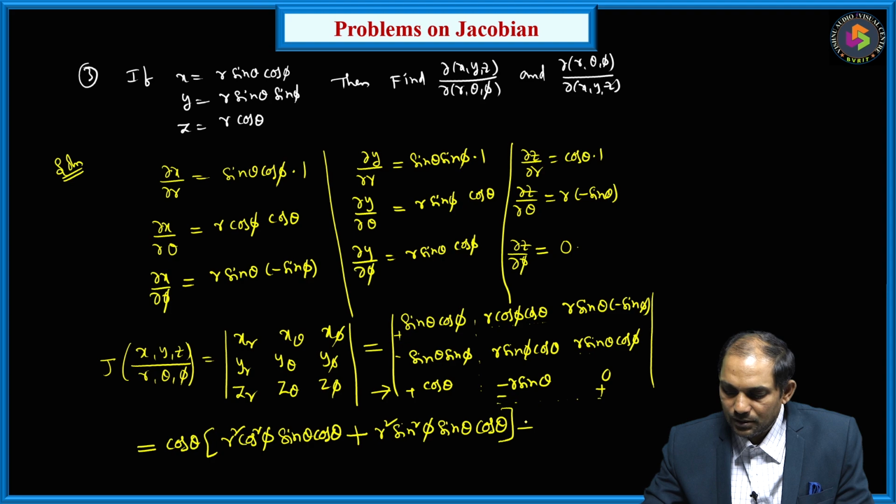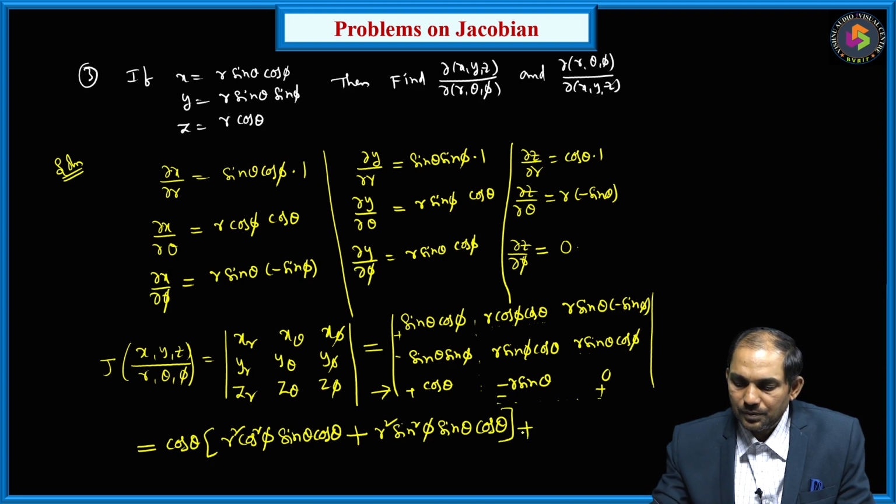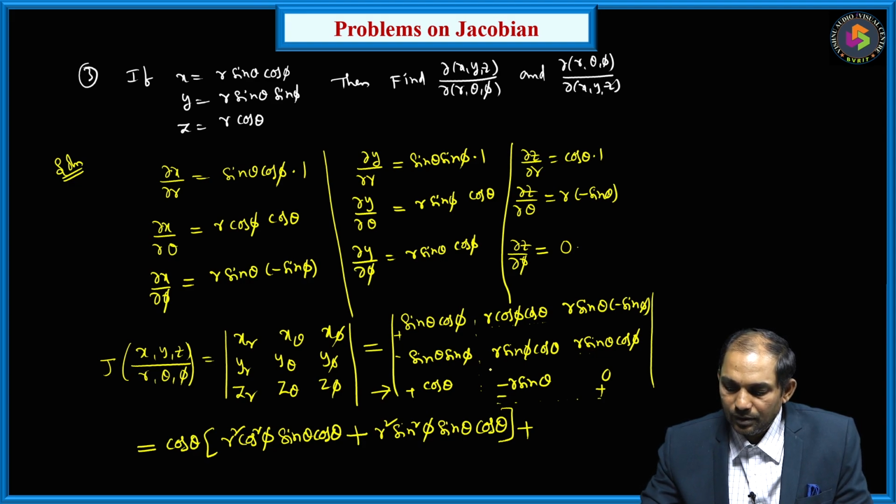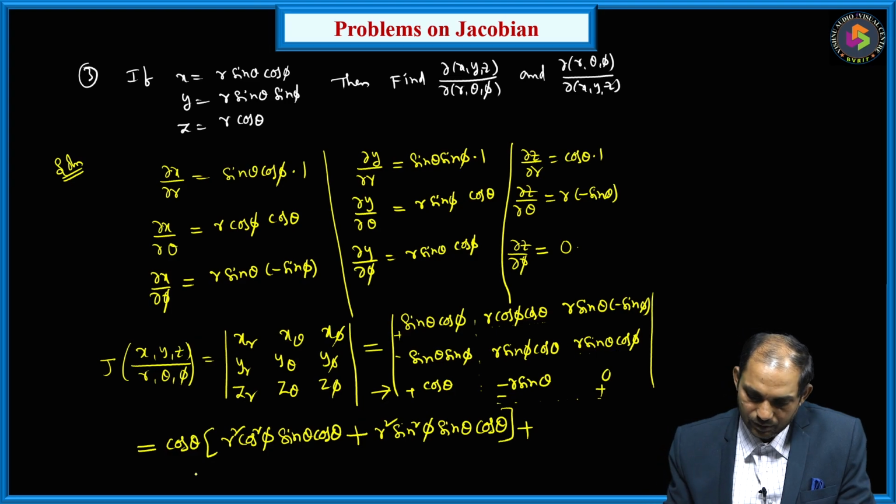Similarly, minus into minus plus for the second term. The corresponding third row and second column are neglected, and the remaining we have is sin theta cos phi multiplied with r sin theta cos phi.